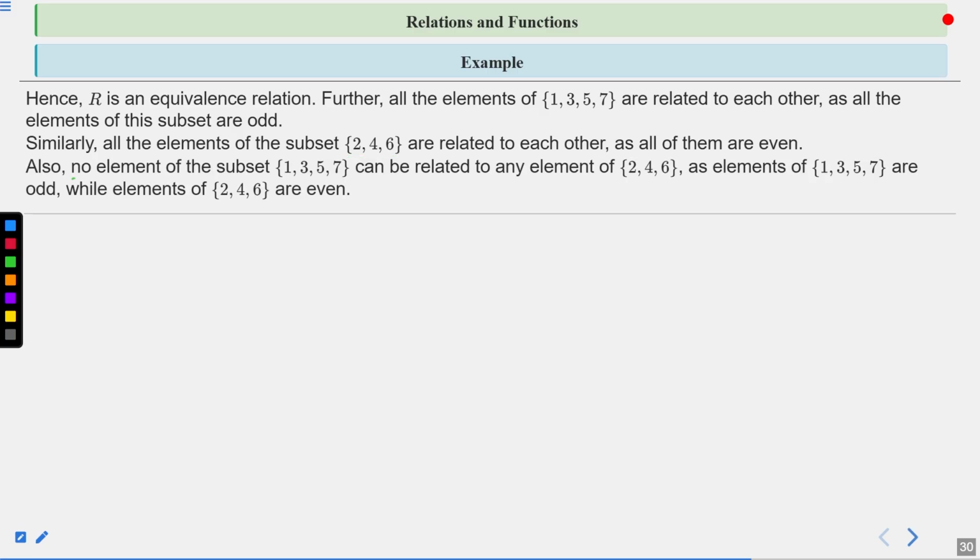Also, no element of the subset {1, 3, 5, 7} can be related to any element of the set {2, 4, 6}, as according to the definition we require the odd-odd condition or the even-even condition. So 1 cannot be related to 2, or any odd number cannot be related to an even number. Simple. Clear?